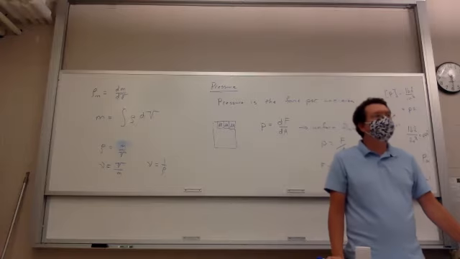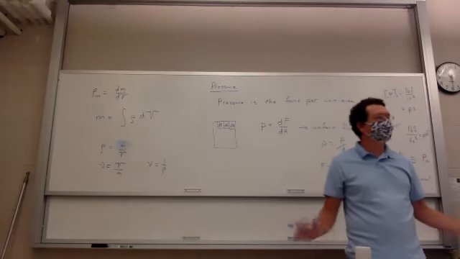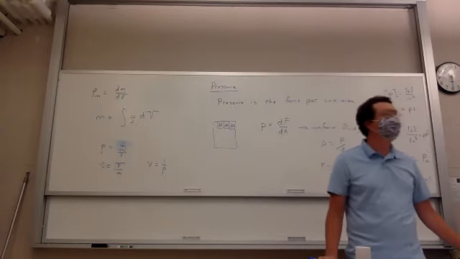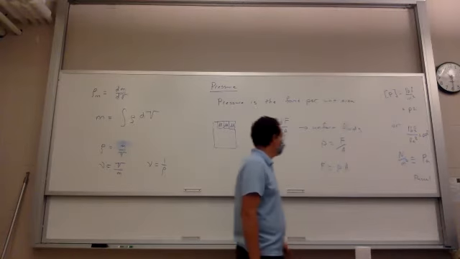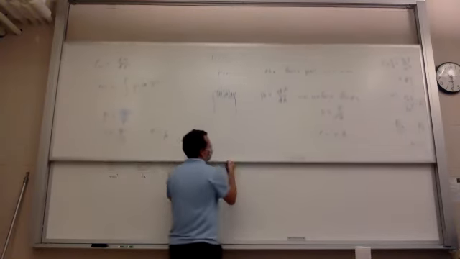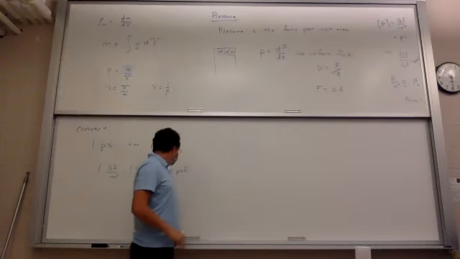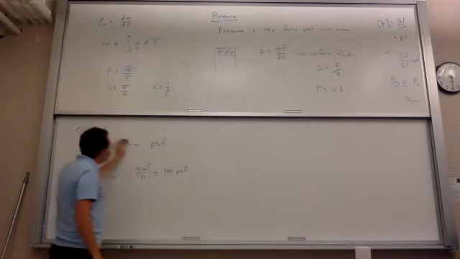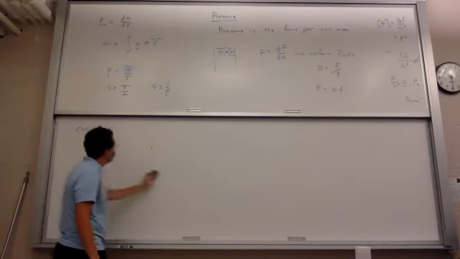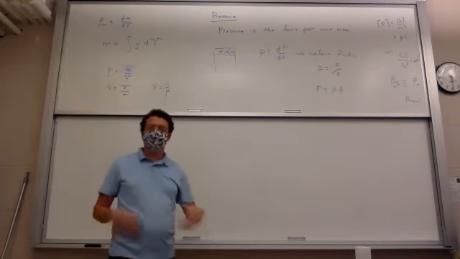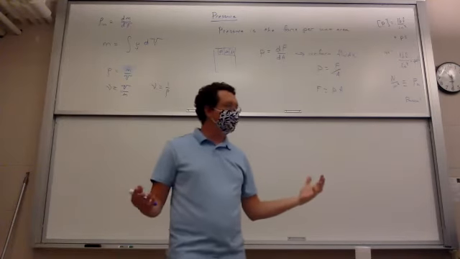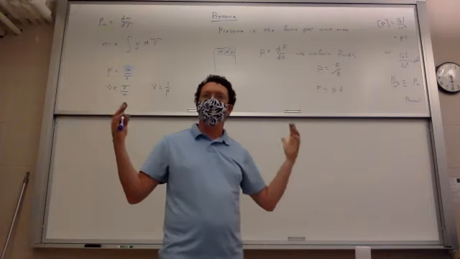So one is really common in everyday situations. atm, what is it, like for money? Atmosphere. Yeah, atmosphere. So at STP, but really on a normal day, in an everyday situation, the pressure is on average 1 atmosphere.